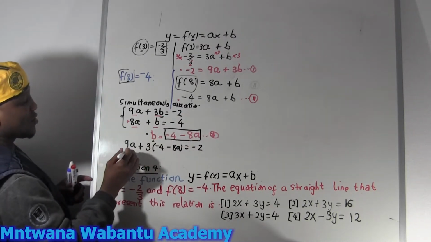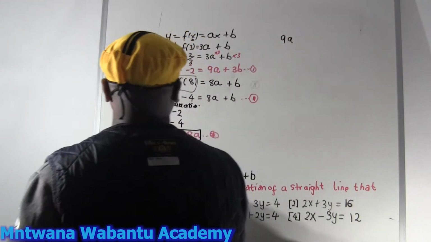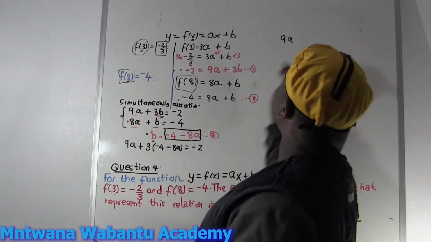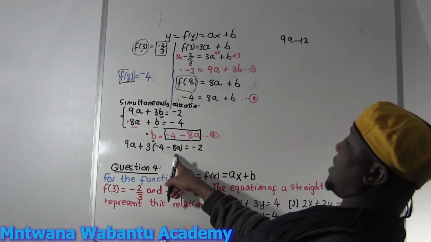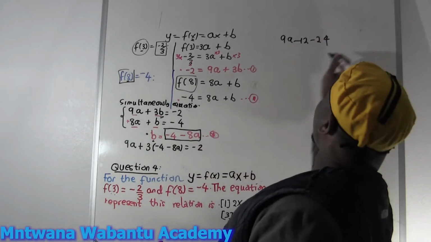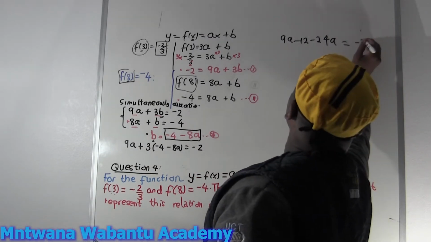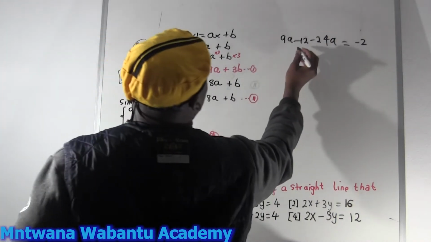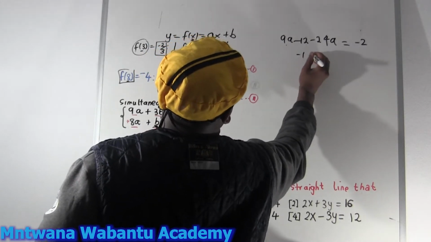So this will be 9a plus positive 3 times negative 4, negative 12, positive 3 times negative 8, negative 24a, equal to negative 2. The bracket is only here, so I apply it to both terms. So now you have 9a minus 24a, which gives us negative 15a.